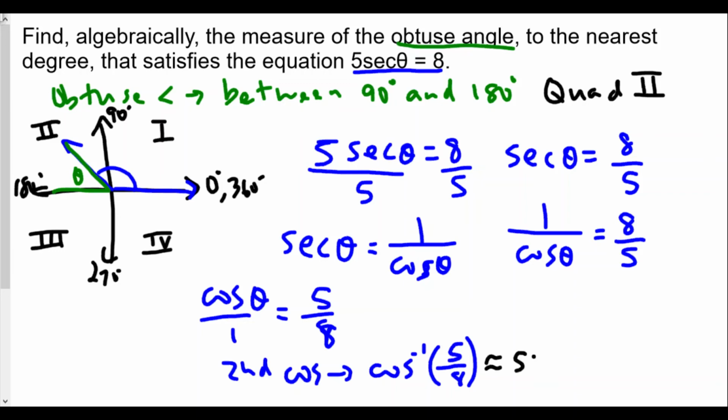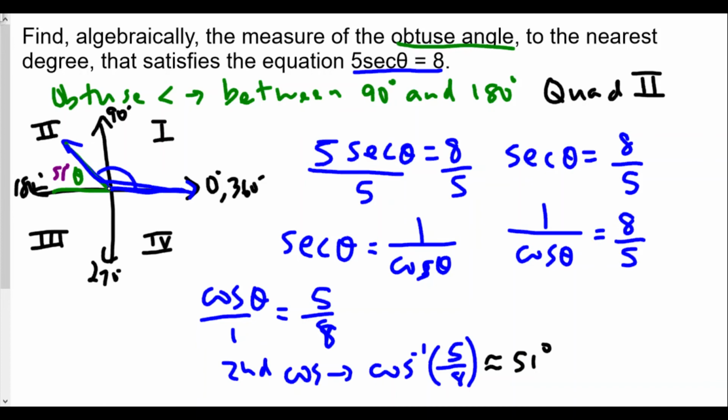But 51 degrees is not the obtuse angle. That's this measure here. So 51 degrees is this here. We're looking for this obtuse angle, which is the actual angle. We talked about this before.